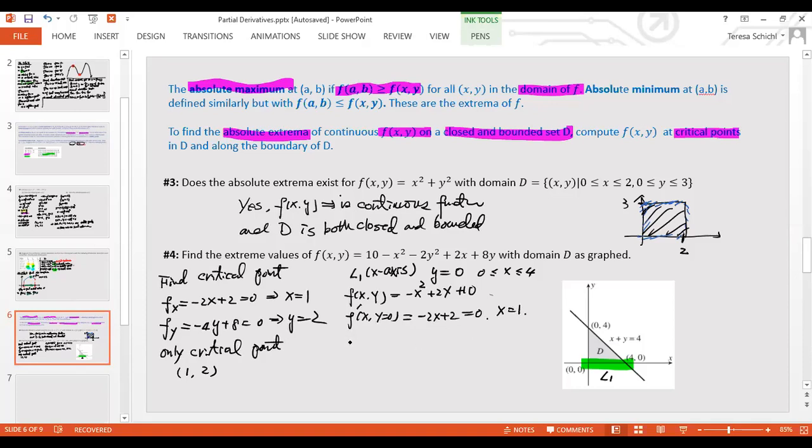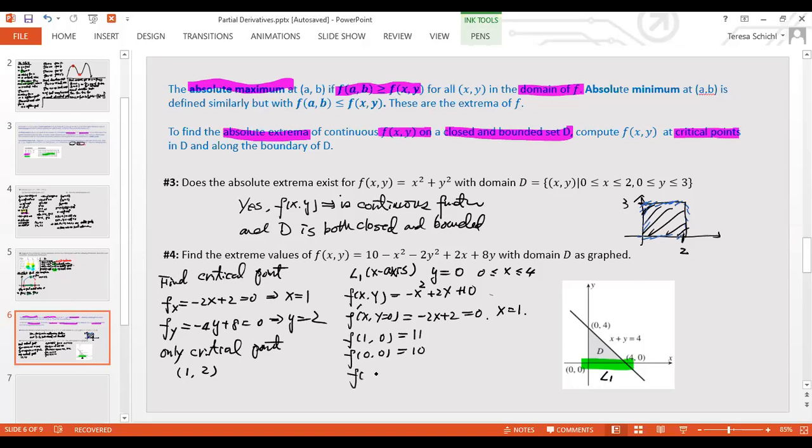Okay, so now just like in Calc 1, I substitute 1, so it's 10 plus 1, so this is 11. Then also in Calc 1, what did we do? We substituted the two endpoints, right? So this will be the endpoint 0, 0, and what is here is 10.